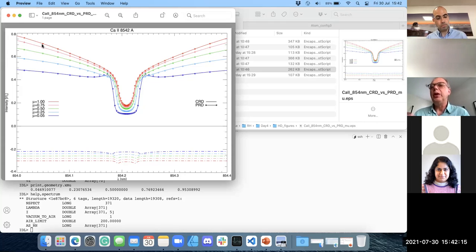Now, if you use only n rays equal 3 or so, then the closest to disk center is only 0.89. So then you cannot really do this.